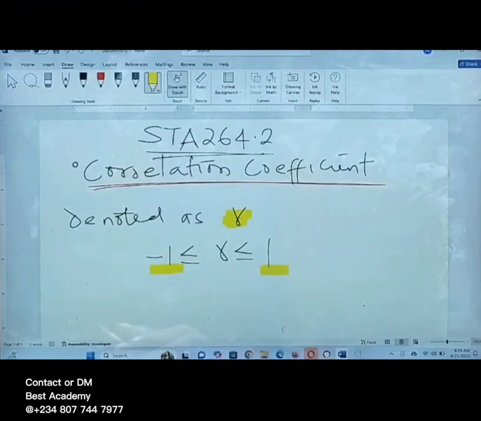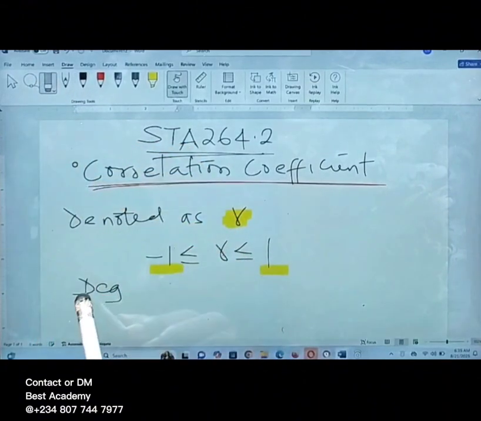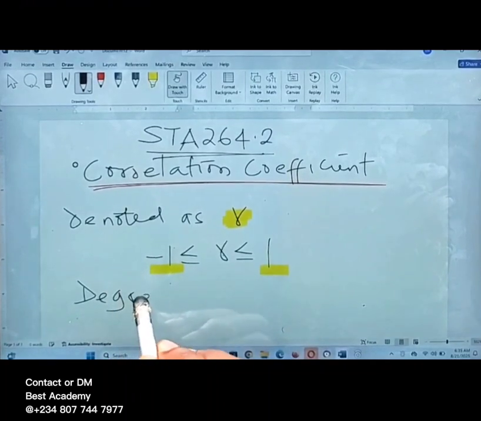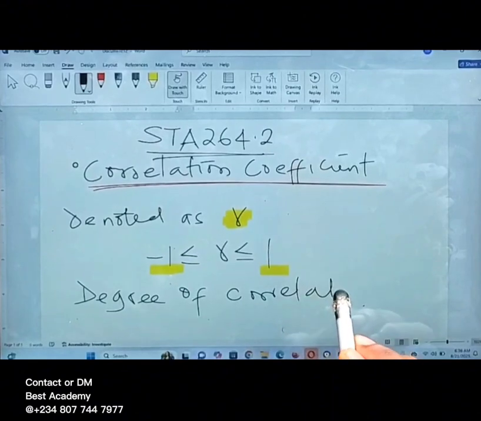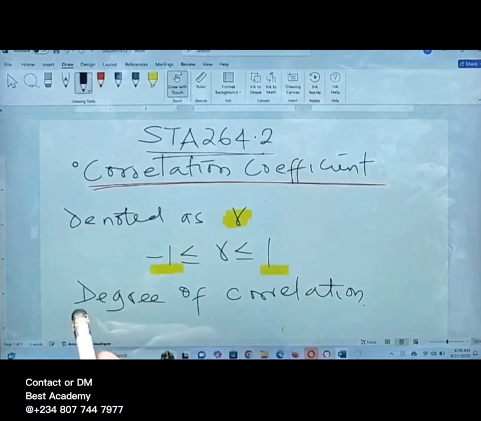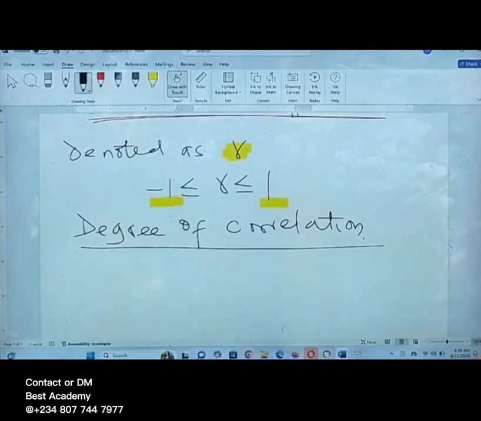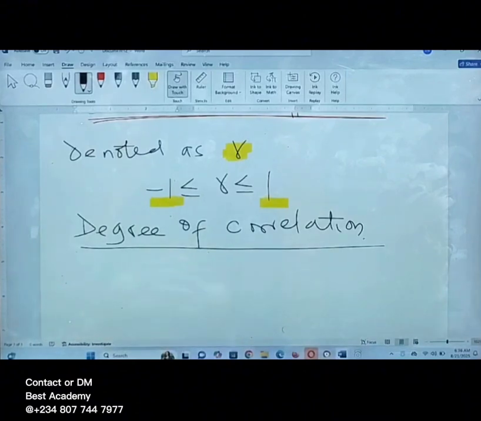Before we solve some questions, let's know more about the degree of correlation. Please write a subheading here: degree of correlation. Later I will explain more and give you a short way to understand the degree of correlation.